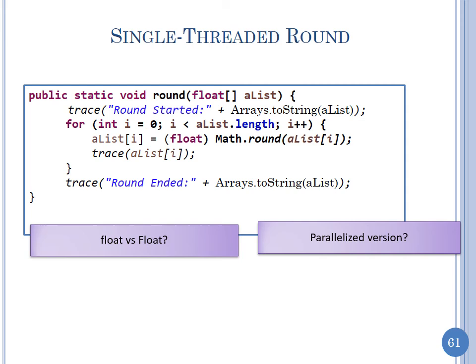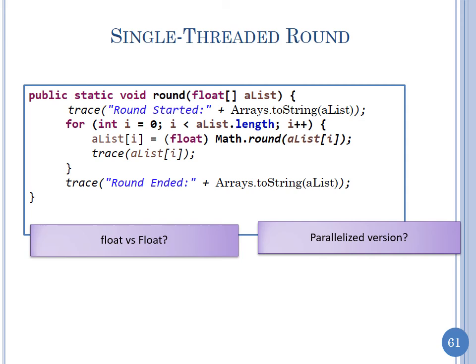So let's go and try to look at this concretely. Here's my single threaded round. I'm going through the list, replacing the list element with a float value, and then I print out, I do a trace also. So I want to ask two questions.